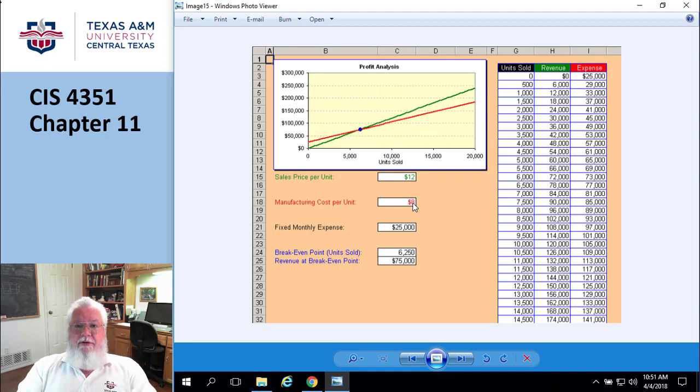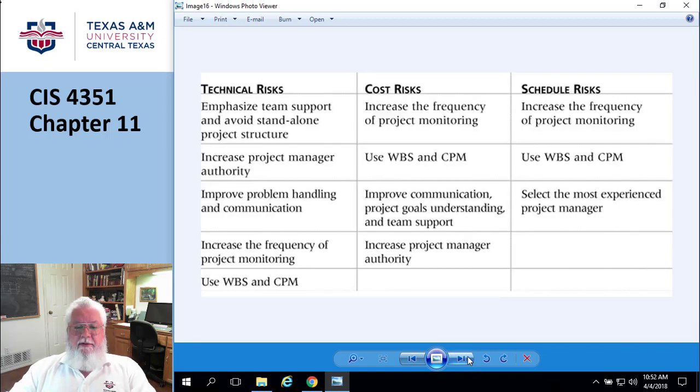Okay, so some strategies. Strategies for positive risks. Okay, so positive risks, one of the things they talk about is this table, this is 11.7 on page 453. They talk about technical risks, cost, risk, and scheduling.